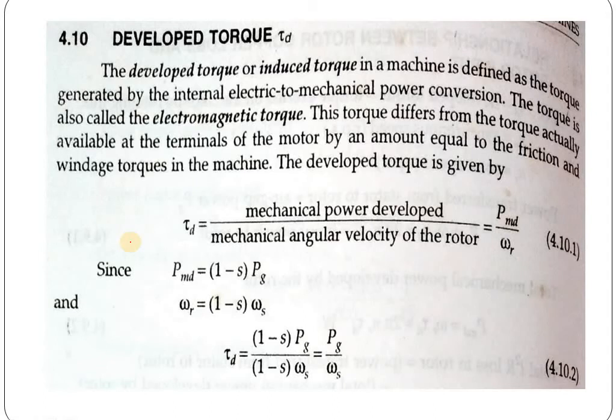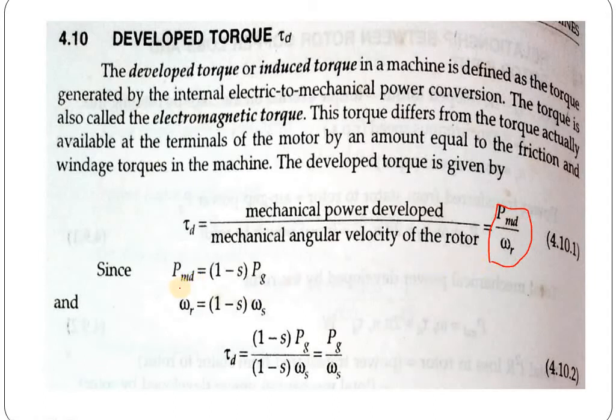This torque differs from the torque actually available at the terminal of the motor by an amount equal to the friction and windage torques in the machine. The developed torque is given by mechanical power developed divided by mechanical angular velocity, that is PMD by omega r.